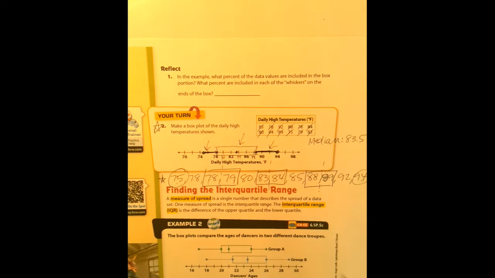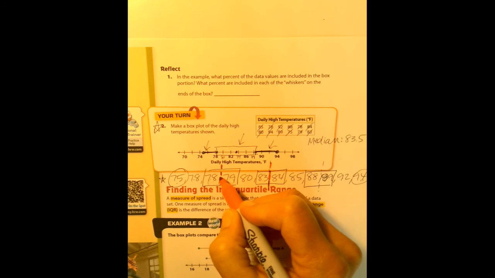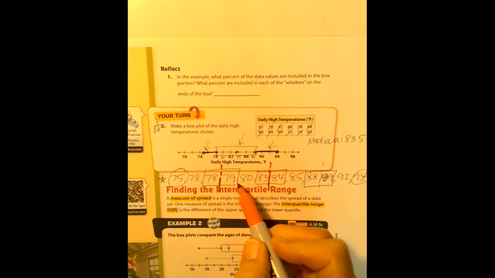We started here with the median falling between 83 and 84. And then the median of the first half fell between 78 and 79. And the median of the second half fell between 88 and 89.